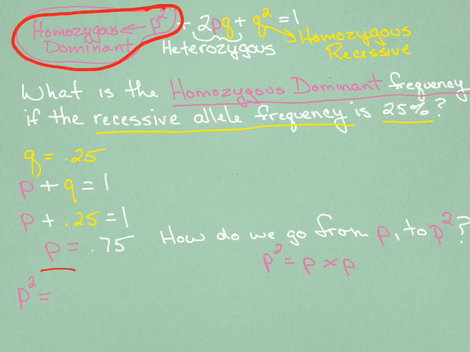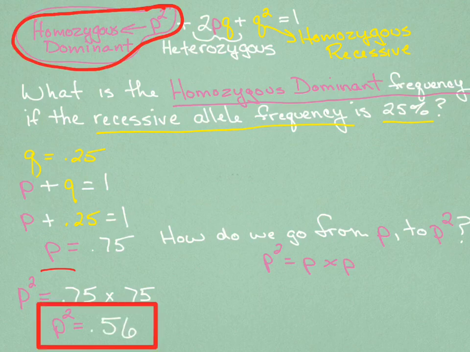So 0.75 times 0.75 equals 0.56, because we had to square each side. Okay, so we're employing some math skills here.